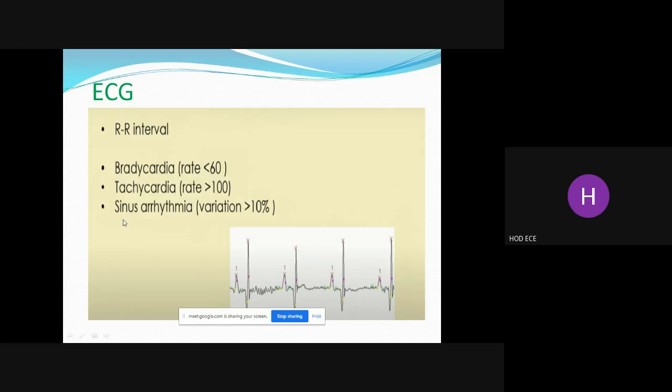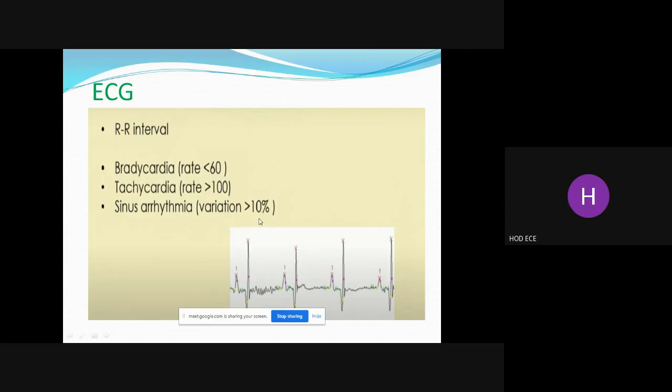The other is sinus arrhythmia. If you observe this signal, it is like a periodic signal, but not exactly periodic. This ECG signal is not exactly periodic; we are going to have some deviation. If this deviation is greater than 10% from one cycle to the other, it is said to be sinus arrhythmia.